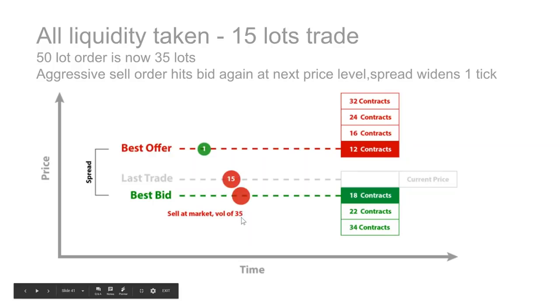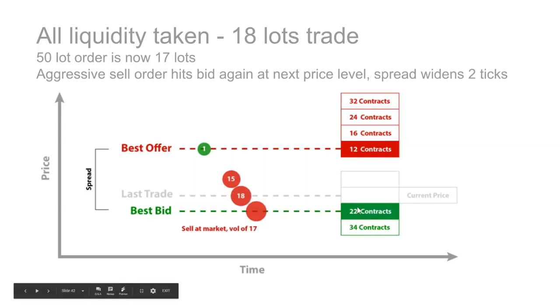Now, what remains of that 50 lot order? Well, it's still a market sell, but it already swept this price level, and it traded 15. So there are 35 contracts remaining in that big market sell order. Next price level, still hitting the bid. It sweeps through this price level with the 18 contracts, and now there's 17 left remaining in that 50 lot order.